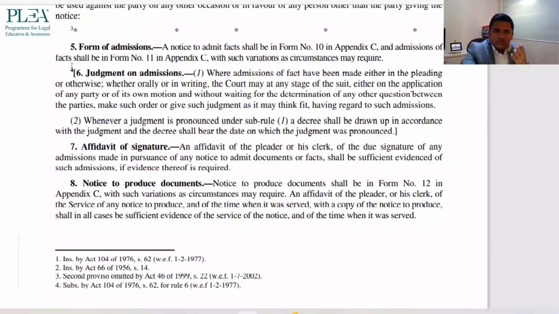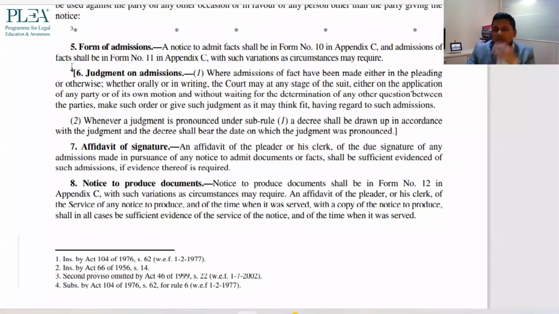So under judgment on admission, where admissions of fact have been made either in the pleading or otherwise, whether orally or in writing, the court may at any stage of the suit, either on the application of any party or of its own motion, without waiting for the determination of any other question between the parties, make such order or give such judgment as it may deem fit, having regard to the admission.